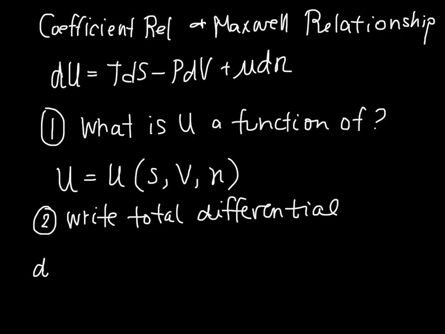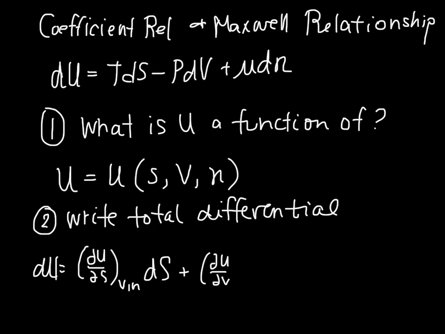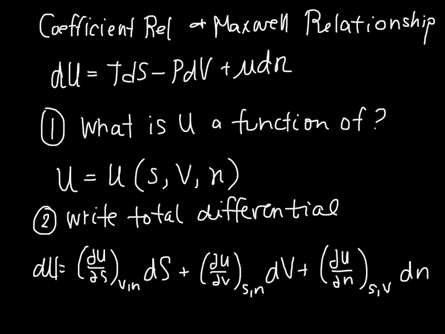So dU equals the partial of U with respect to S at constant V and N times dS, plus ∂U/∂V at constant S and N dV, plus ∂U/∂N at constant S and V dN.